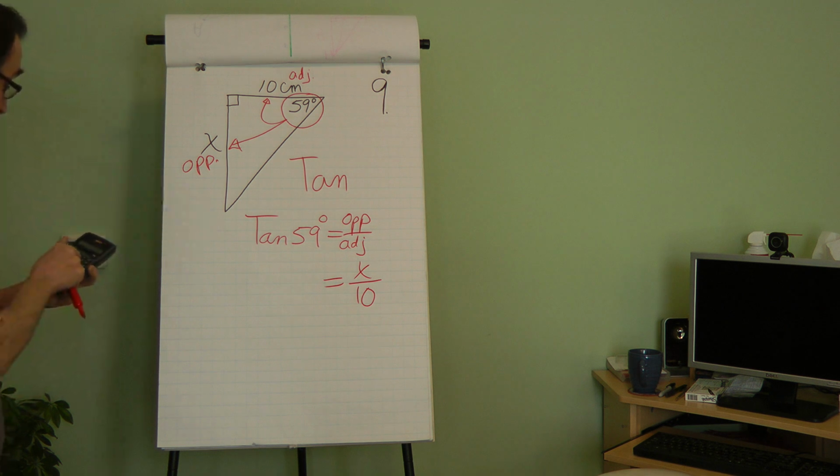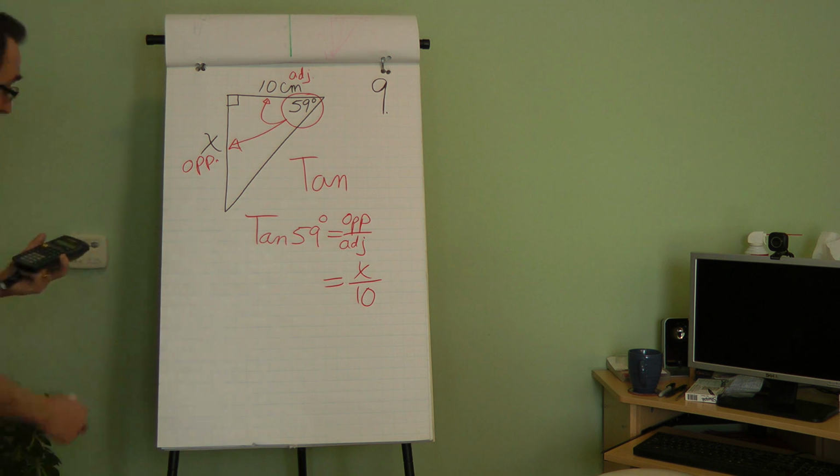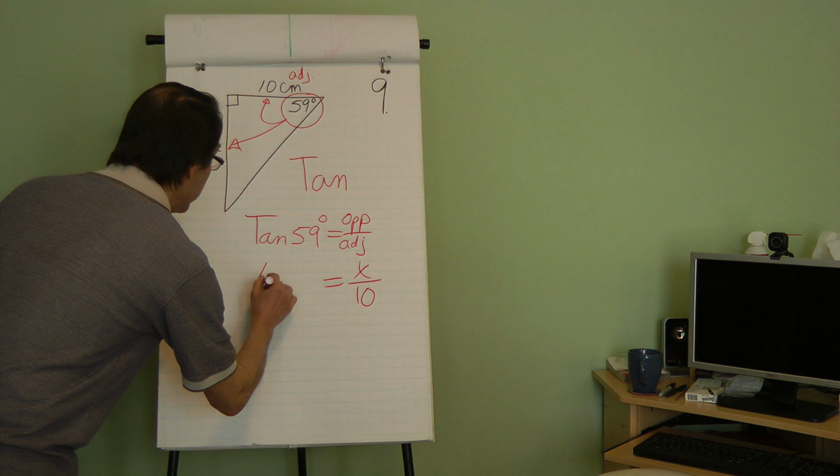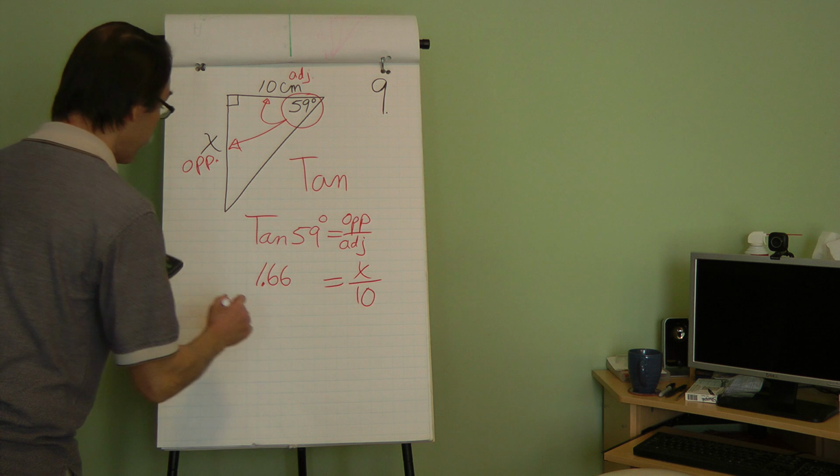So I'll go 59 tan, and I'm going to take that to 4 decimal places, so it's going to be 1.6643.